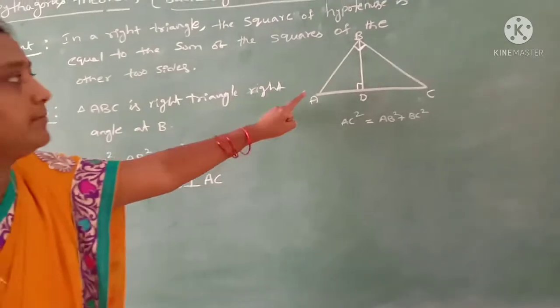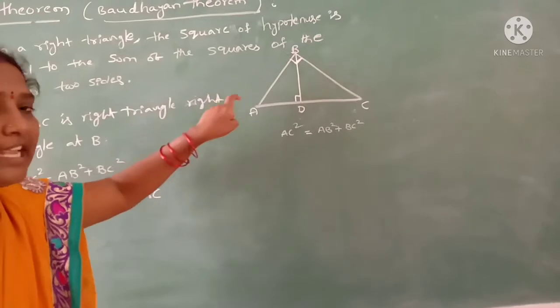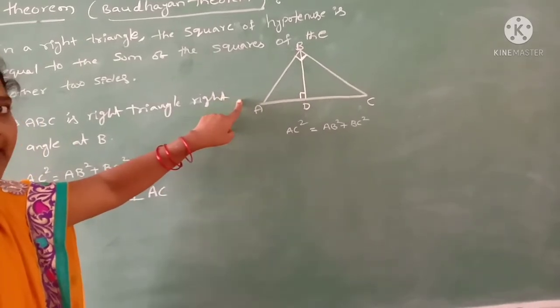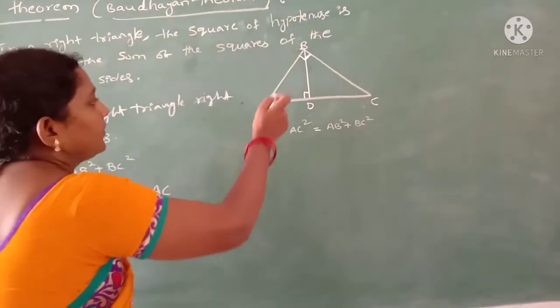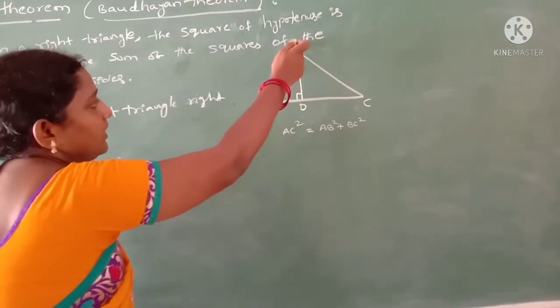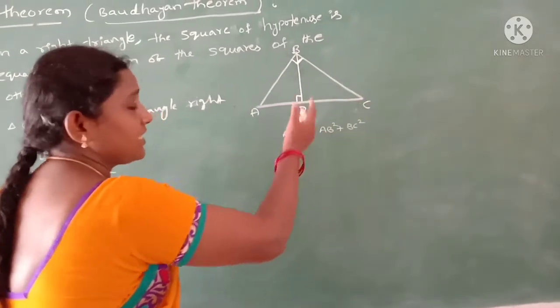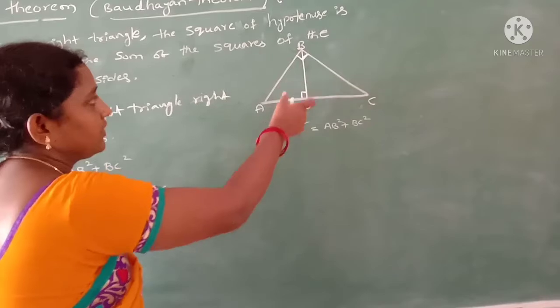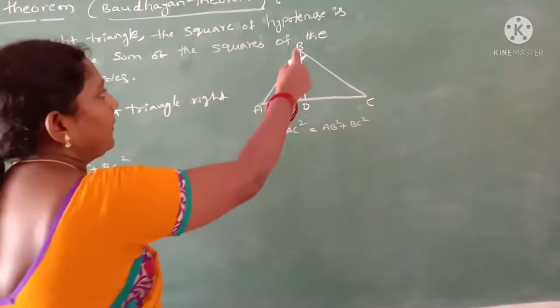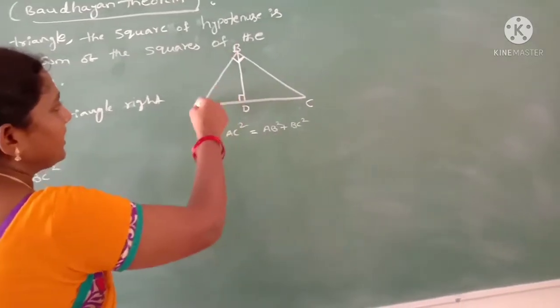See here, in this figure, triangle ABC is a right angle triangle, and ADB and BDC are two other right angle triangles. First we take the right angle triangles BDA and ABC.